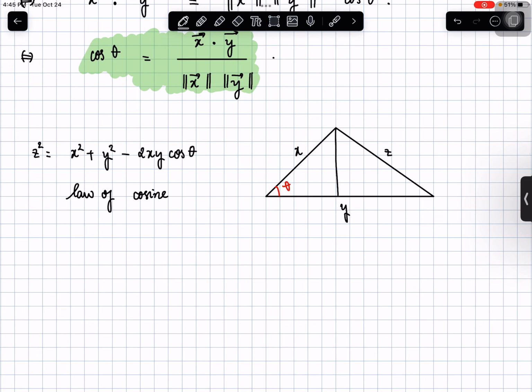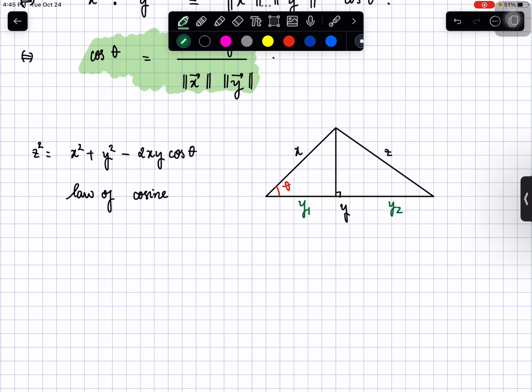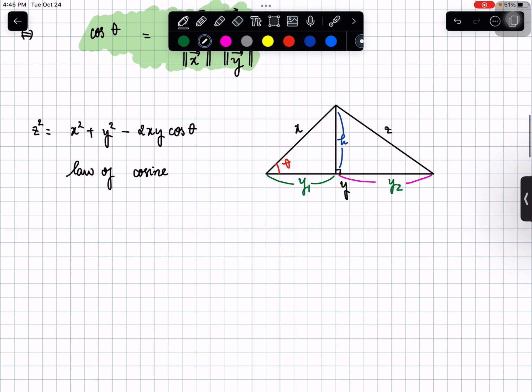So we have this perpendicular. So here's y. Let's call this y1, y2, whereas y1 is this length, y2 is this length, and this we say is s, which is this length. Okay, and we use the Pythagorean theorem.